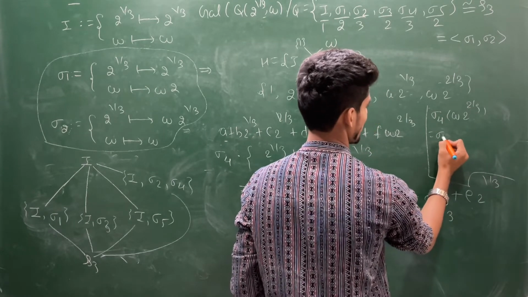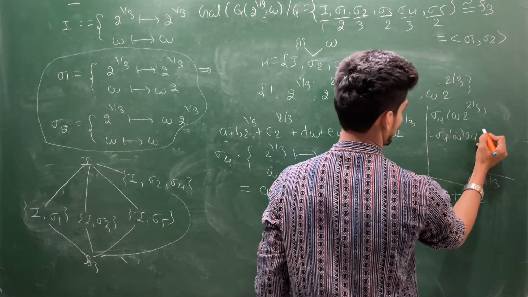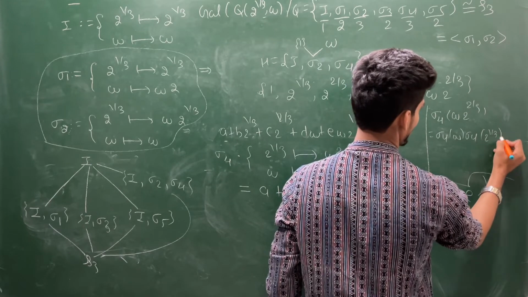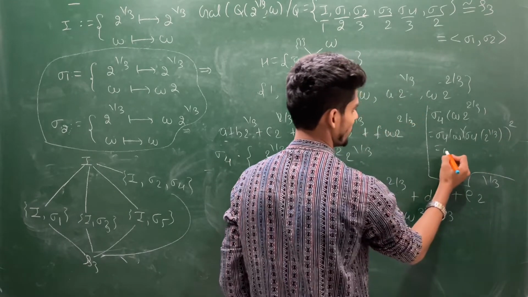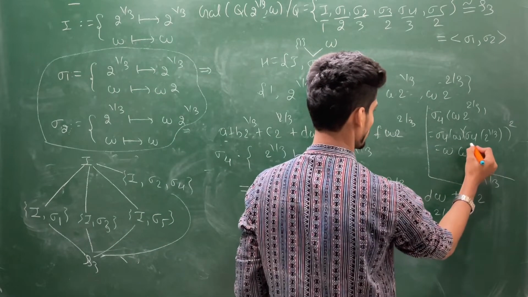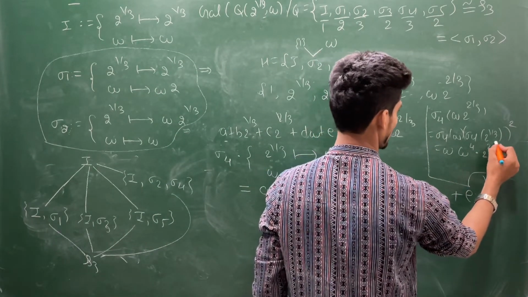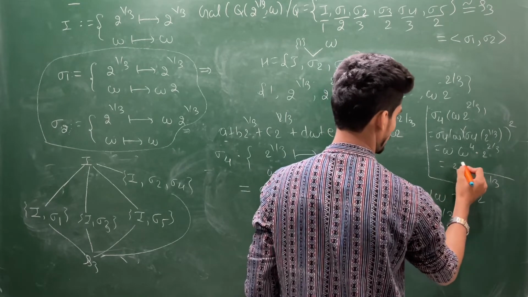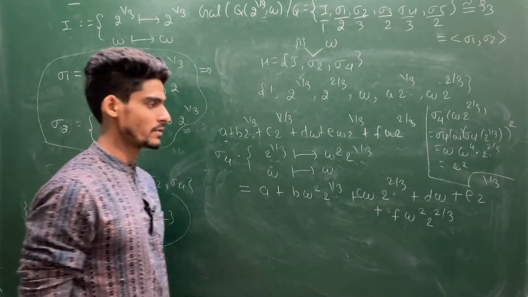This can be thought as sigma 4 omega, sigma 4 2 power 1 by 3 whole square. So omega 2 power 1 by 3 is going to omega square. So its square will be omega to the power 4 into 2 power 2 by 3. So it will be omega square 2 power 2 by 3. So you will have this.